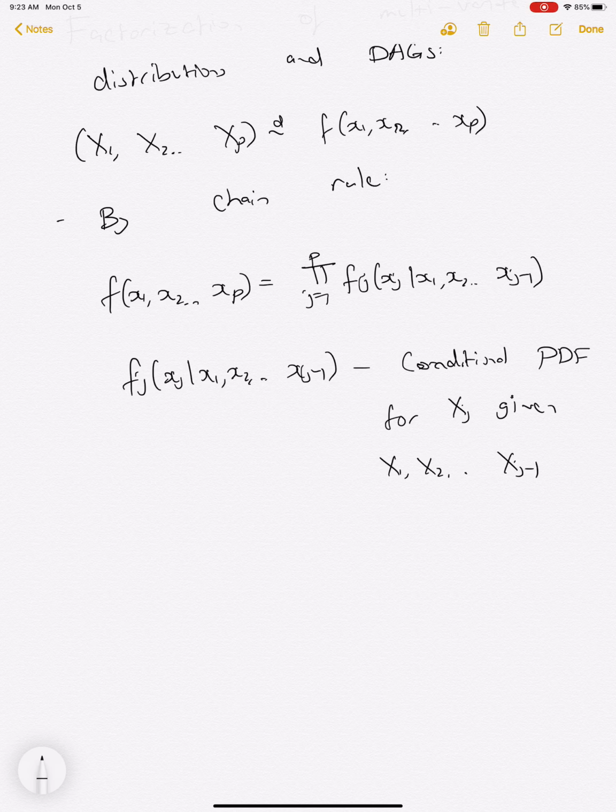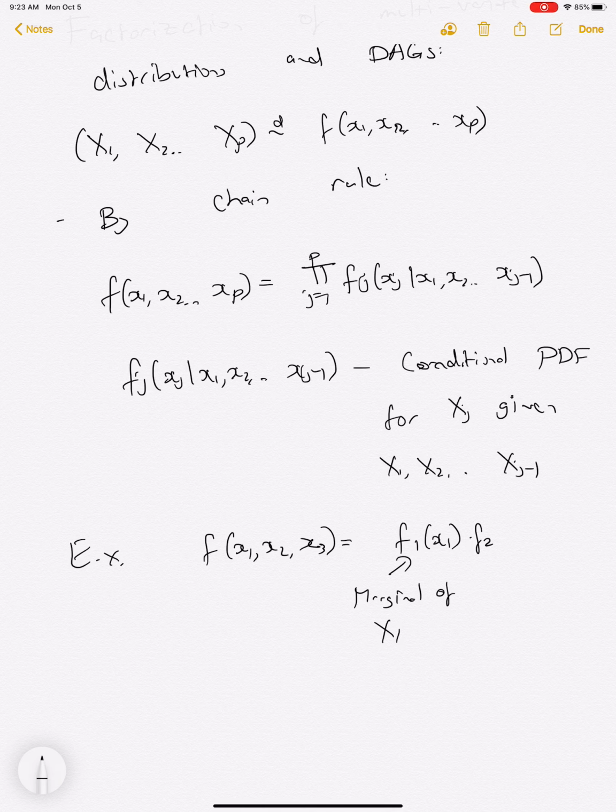So if you think about, for example, f of x1, x2, x3, you can rewrite this as f1 of x1, the marginal of x1, f2 of x2 given x1, times f3 of x3 given x1, x2.